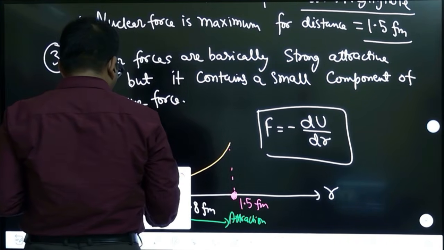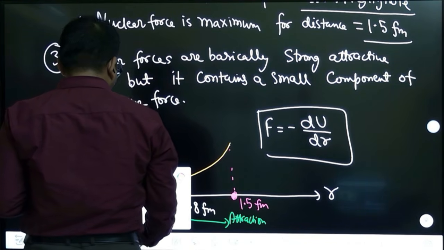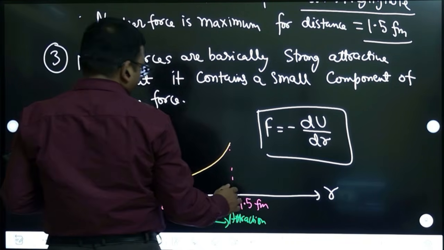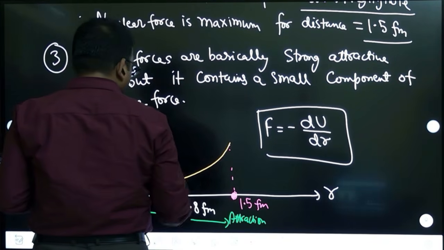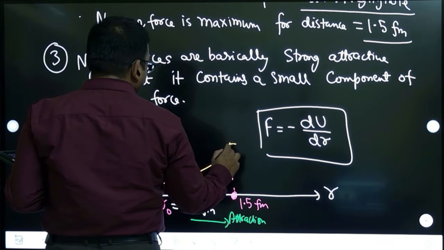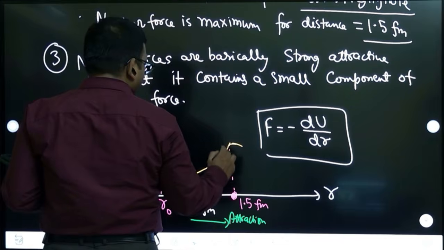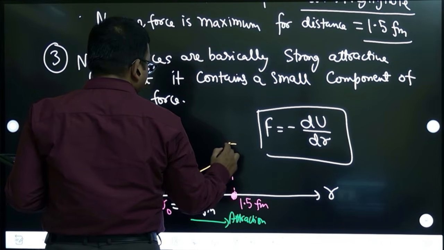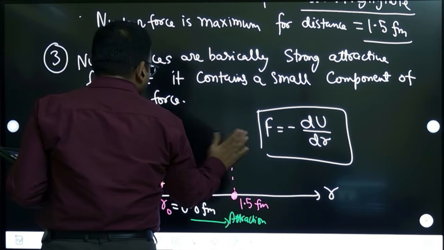After that, up to 2, it becomes almost 0. You can say that at 1.5 it is almost like a maximum. After that it suddenly starts decreasing, and then it may decrease or it may become like a constant. So this graph is a rough graph.